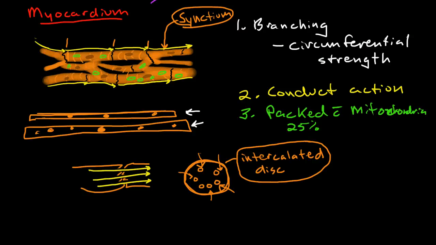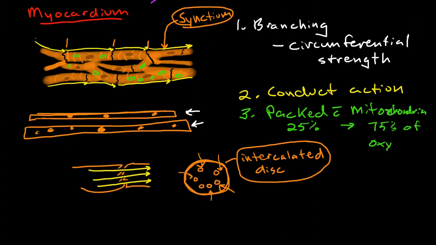Because of this large number of mitochondria within the myocardium, the cardiac tissue is excellent at extracting lots of oxygen from the blood. Most tissues only use about 10 to 20% of the available oxygen within the blood, but the cardiac tissue can actually use about 75% of oxygen.